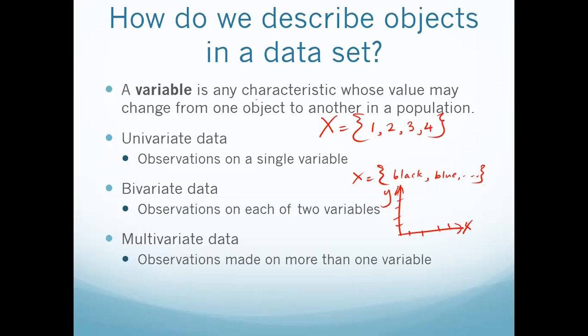Multivariate: if we have more than two variables, we call it multivariate, which means we have multiple variables. It can be thousands or sometimes more than thousands, because in the modern world we have data sets that sometimes have millions of variables.